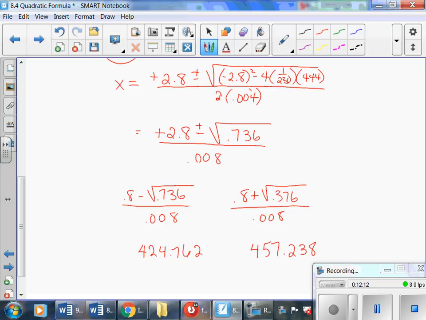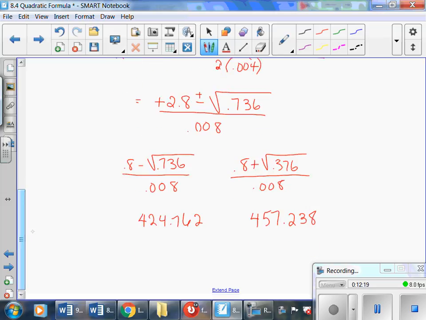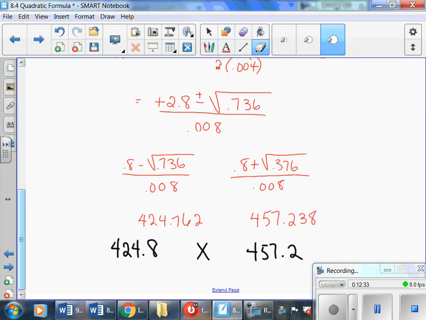And because it's telling us to the nearest tenth of a degree, we know it's less than. We know it's going to be an interval where x is sandwiched between the two numbers. So x is going to be sandwiched between 424.8 and 457.2. And remember, actually, it's not x, it's t. I have to go back to this once in a while. Even though we said x equals, it's really t with less thans between it.